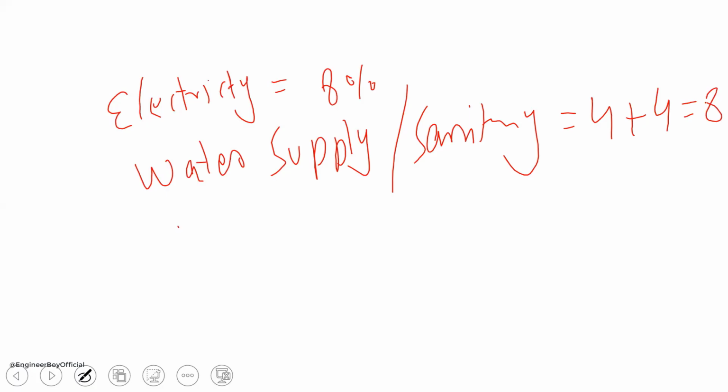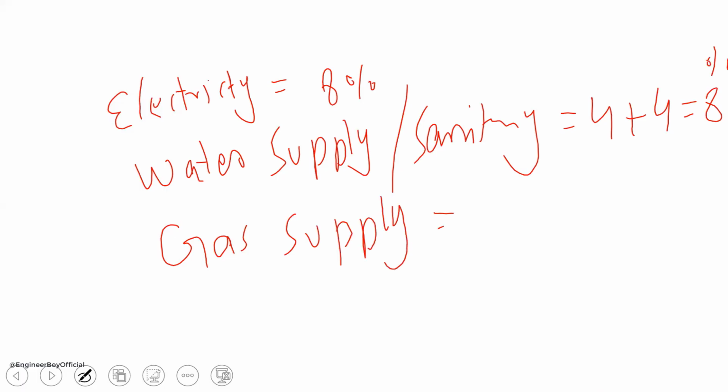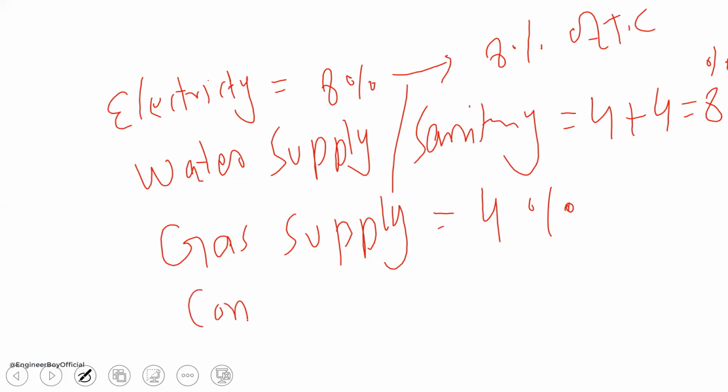Now, for gas supply, the rough cost estimate should be, and this percentage, let's say 8%, is actually 8% of the total cost, TC means total cost, okay? Now for the gas supply, this should be 4% of the total cost. Total cost means just the cost of construction. And there we can have contingencies, and that should be 3% maybe, and can sometimes be 5%.